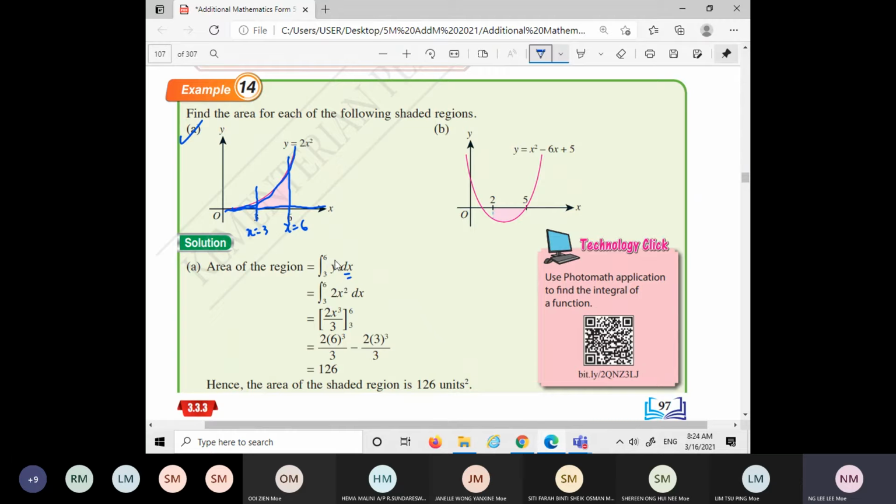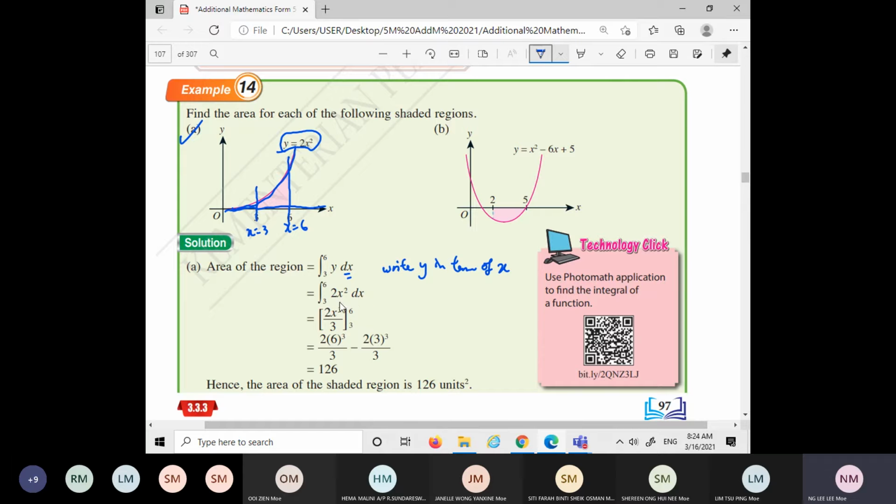Next, what is y? You can't integrate y with respect to x, so you have to write y in terms of x. Only then can you start your integration. Y is equal to 2x squared. So write y as 2x squared.